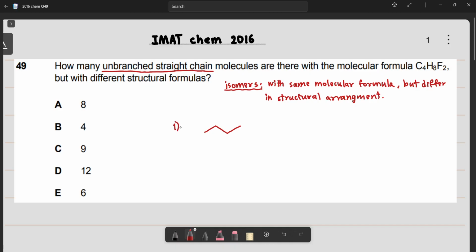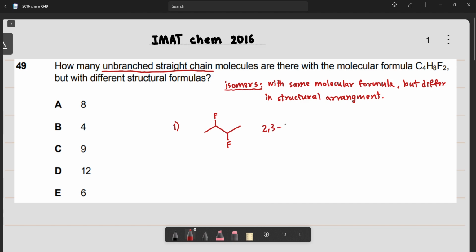So this will be the first structural isomer. This is a straight chain that you have to keep in mind. The only thing we change is the position of the fluorine atoms on this straight carbon chain. I'm going to randomly place them: 2 fluorine on this side and 2 fluorine on this side.